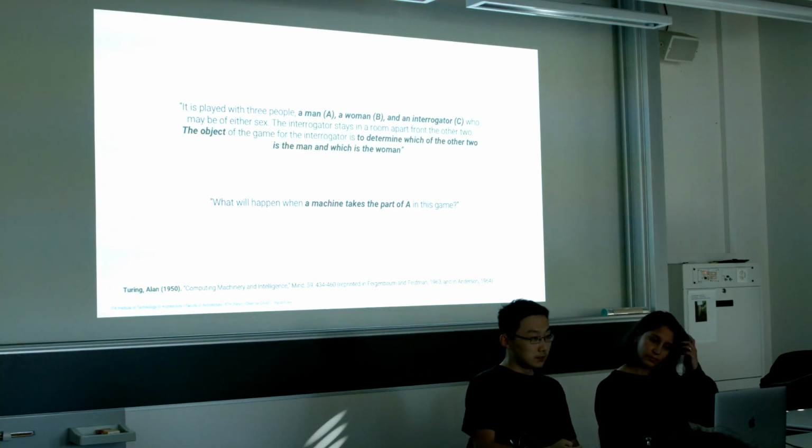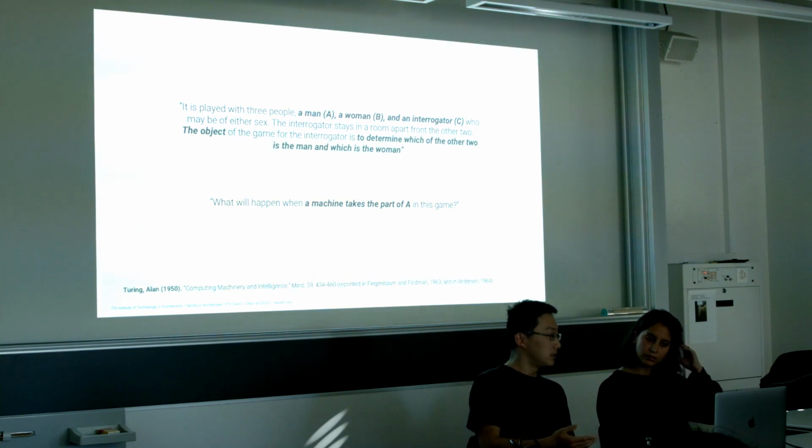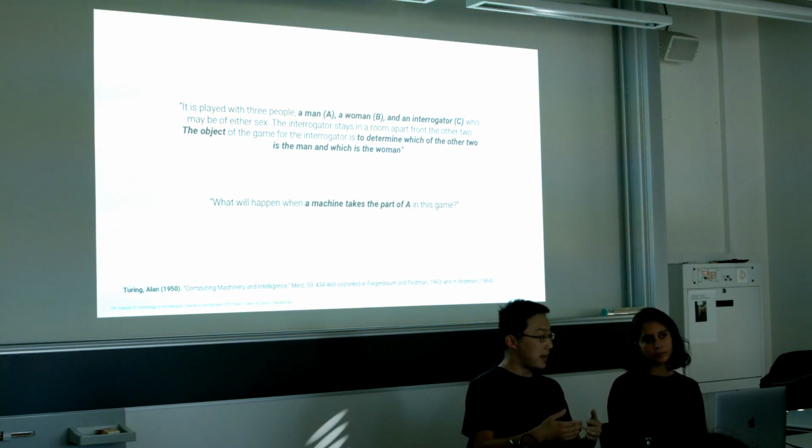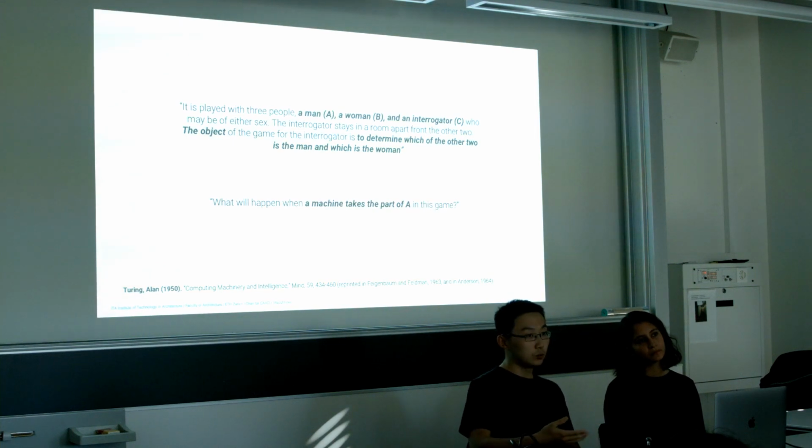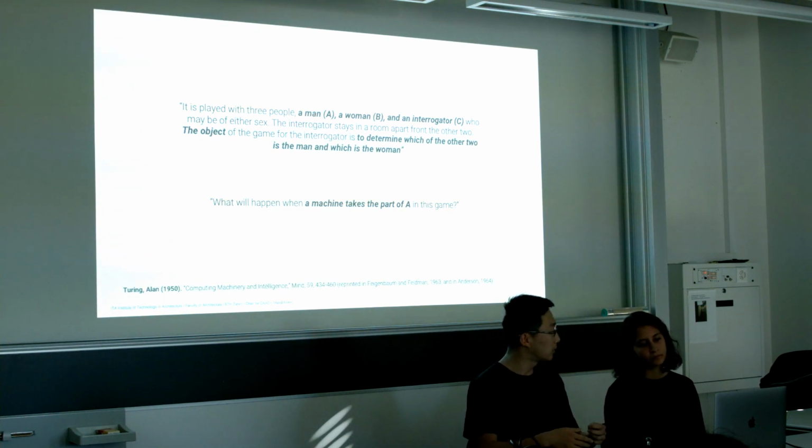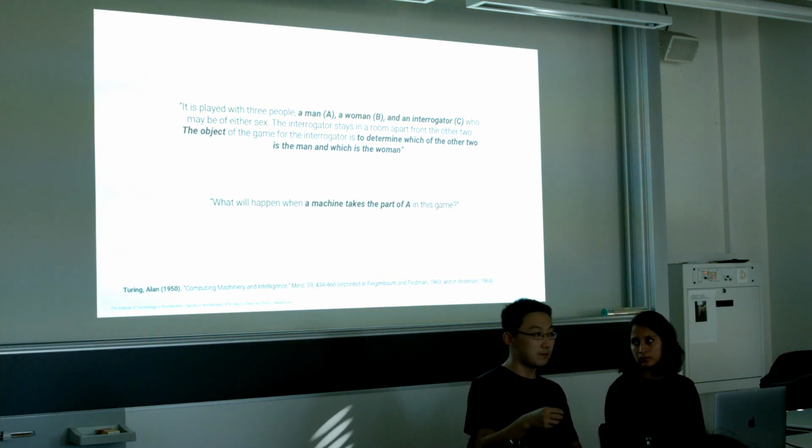What Turing proposed is: what happens if we replace the man A with a machine that is able to talk, and would the machine produce a convincing result that confuses the interrogator from distinguishing who is who? This is basically the core idea of the game.